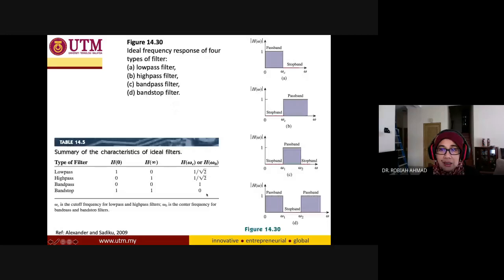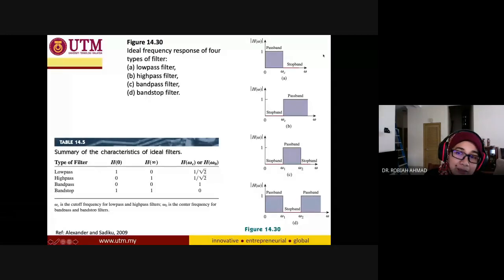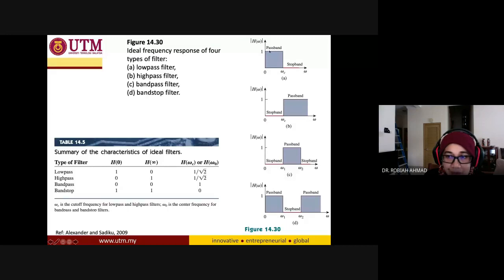So let us look at the figure. These are the ideal filters, meaning that at the cutoff frequency it will stop the signal. But ideally we cannot get that. Usually we have a slightly curved response.